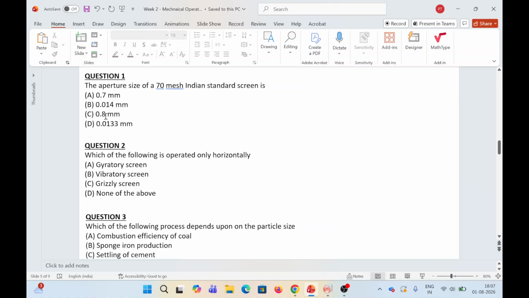Anyone? So, what is mesh number as far as the Indian standard screens are concerned?